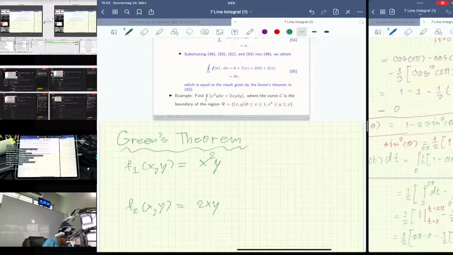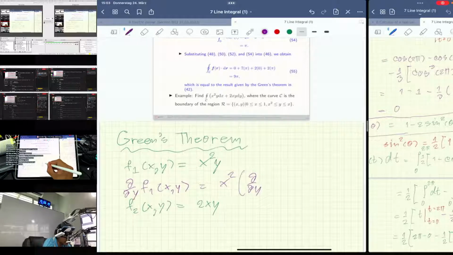There's of course the differentiation, partial derivative with respect to y of f1 will be partial y of x squared y, it's going to be x squared.